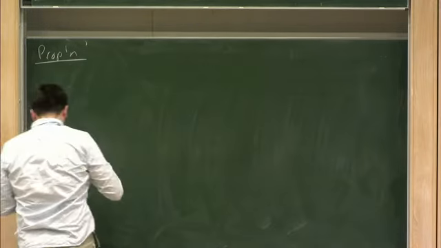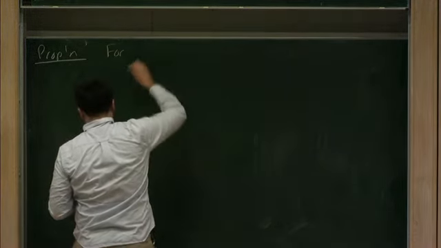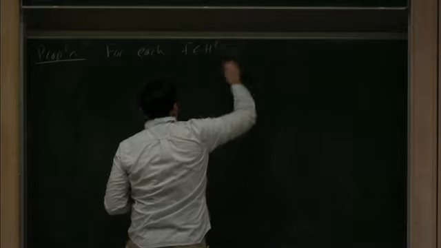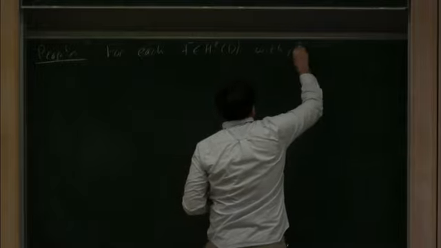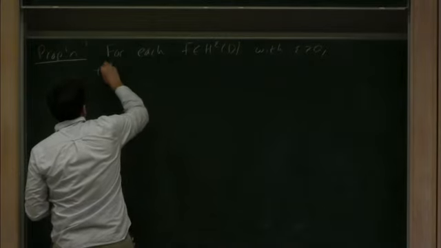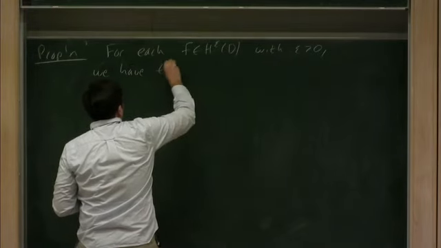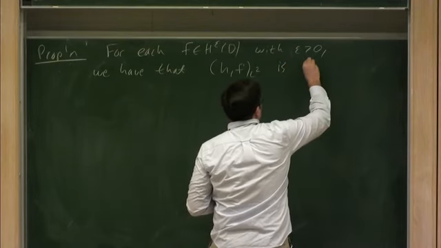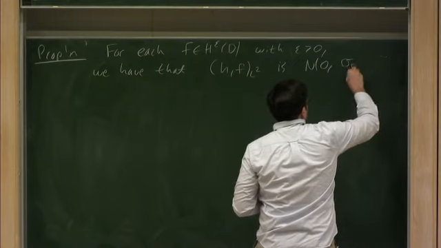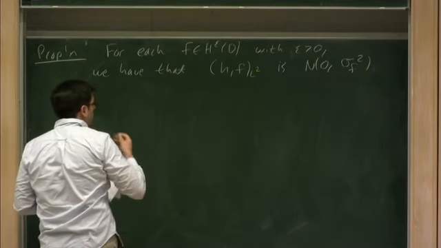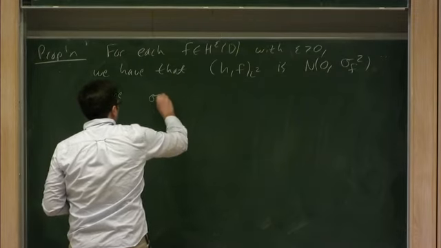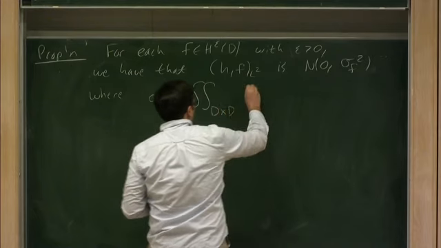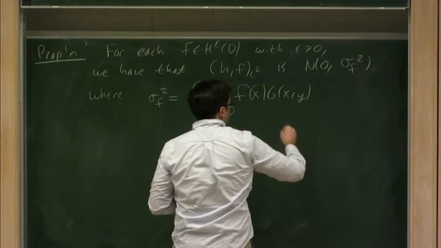So let me state this as a proposition, and what it says is that if you have, let's say, f, which is in H epsilon of D, where epsilon is positive, then it's true that the L2 inner product of h with f, this is a Gaussian random variable with mean 0, and its variance, which I'm going to write as sigma sub f squared, is given by what you get when you take your function and you integrate it against the Green's function.